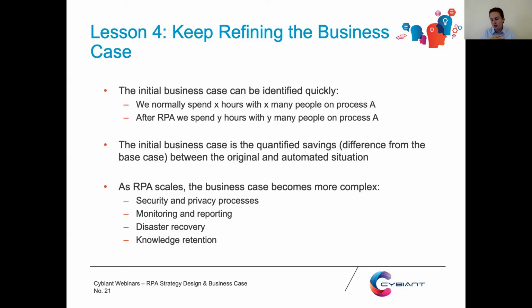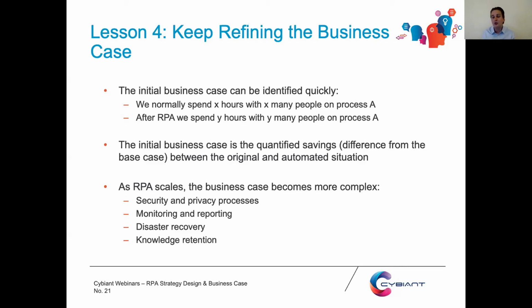So as your automation project becomes more complex, these are additional factors that you need to factor in. And they also have a cost associated with them. And this is where you see it going wrong in many cases. As soon as an RPA program is up and running, these particular aspects need to be included in the overall business case.